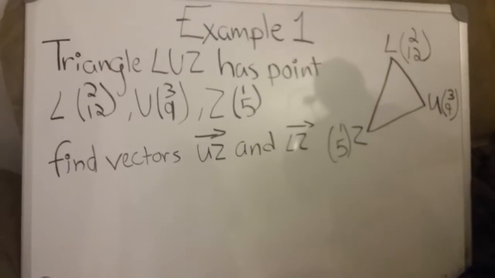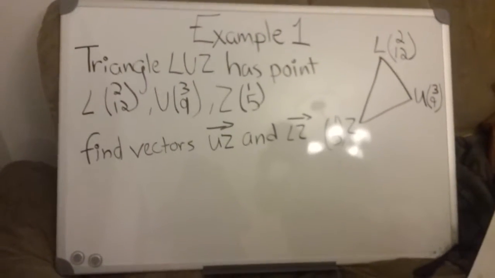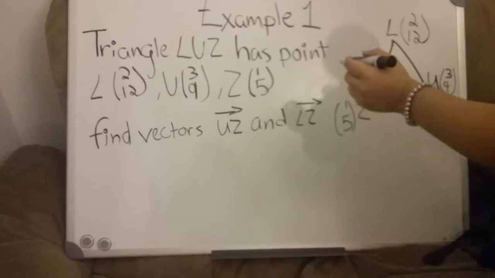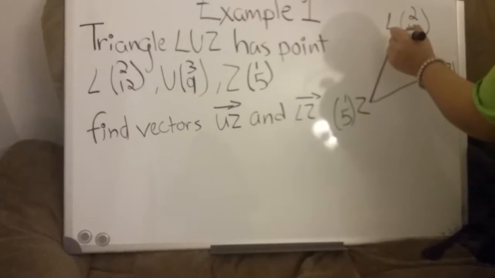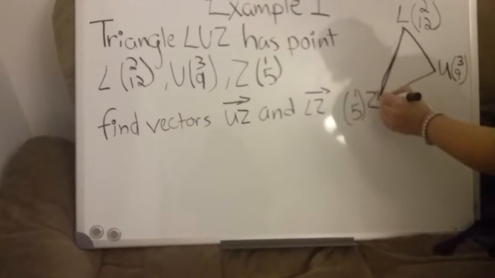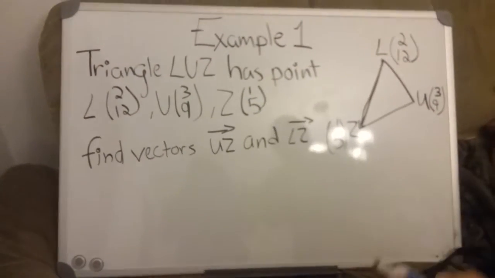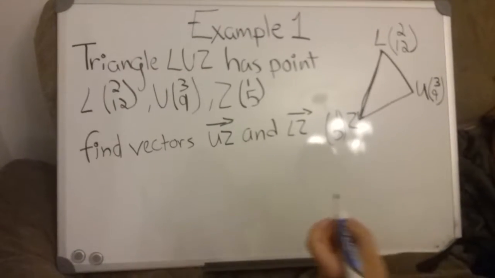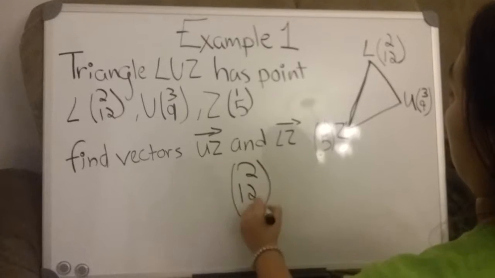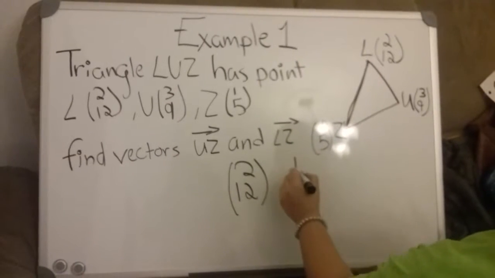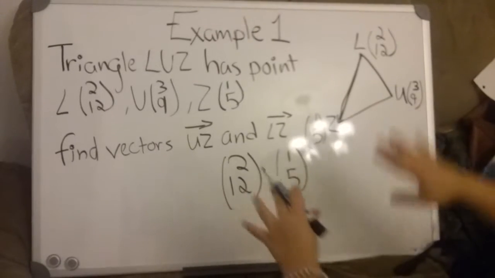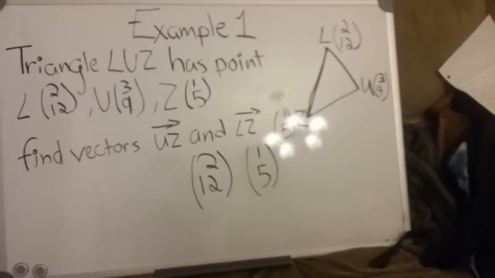Then to find vectors UZ and LZ. LZ is this vector right here. It starts at L and ends at Z, and those points are (2, 12) and (1, 5). So these are the 2 points that vector LZ is composed of.